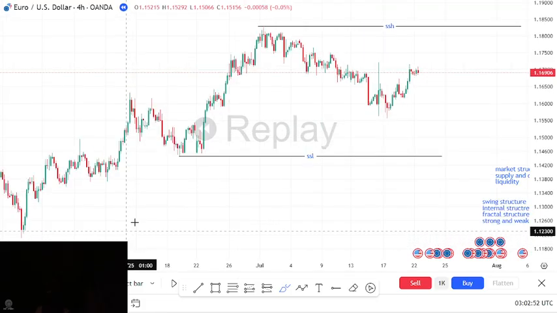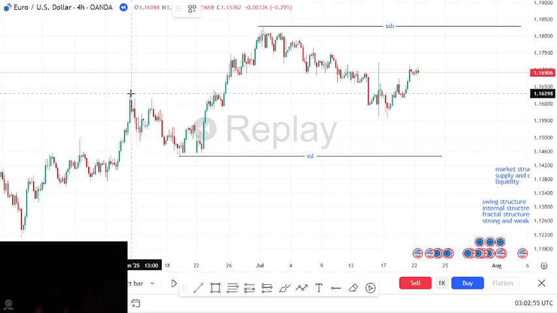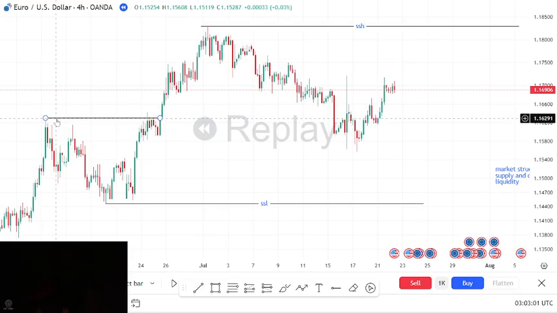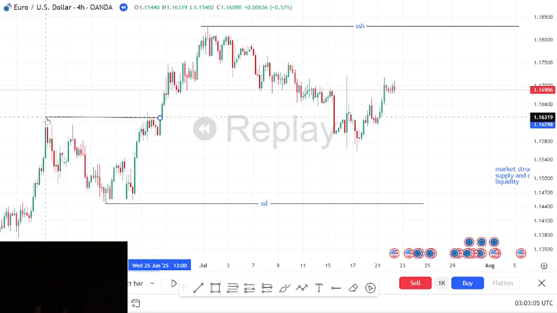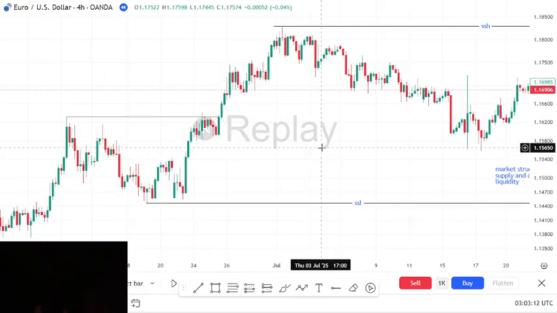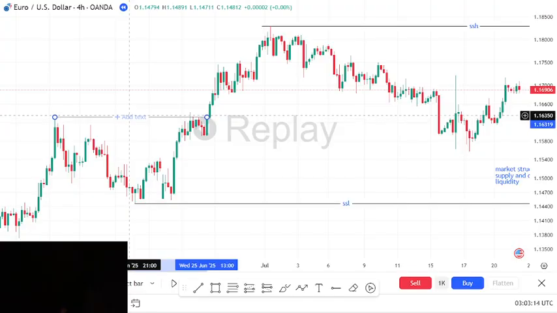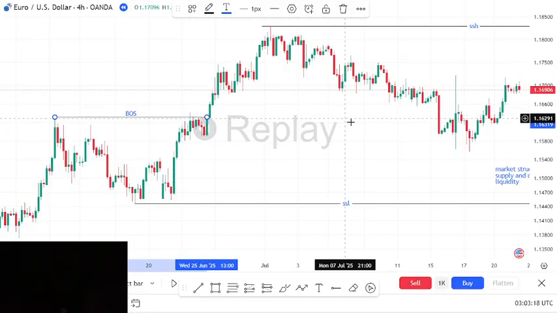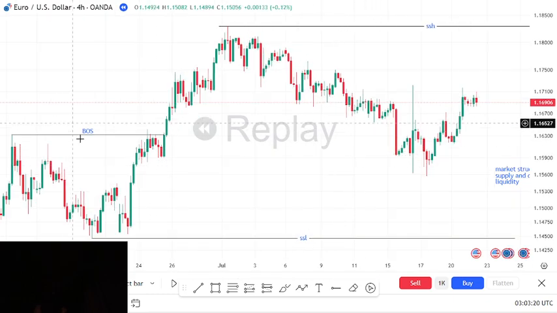So looking at this bearish move, you can see that we had this break of structure. So this one is break of structure.